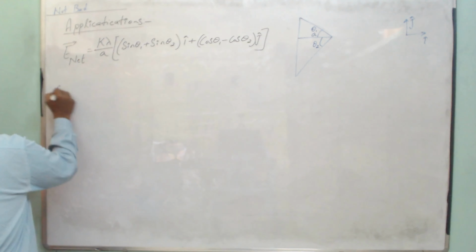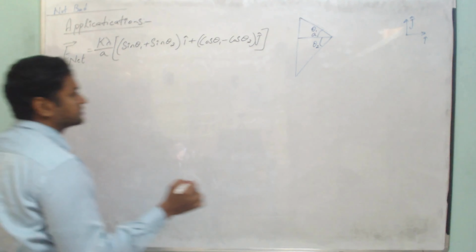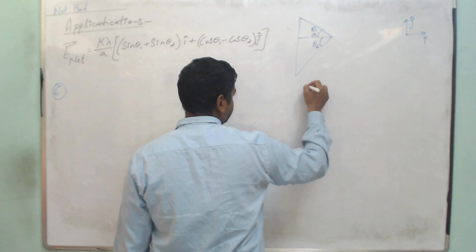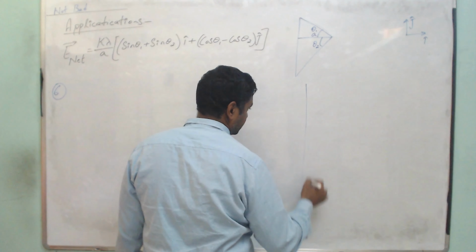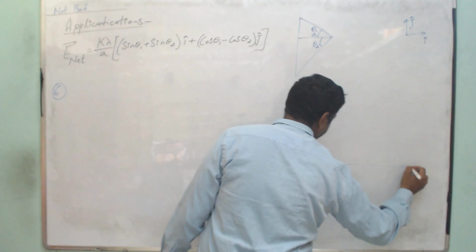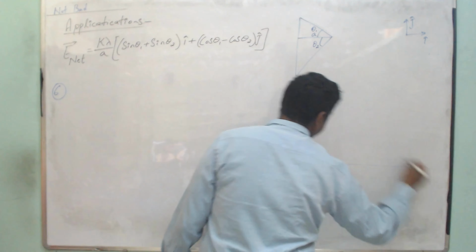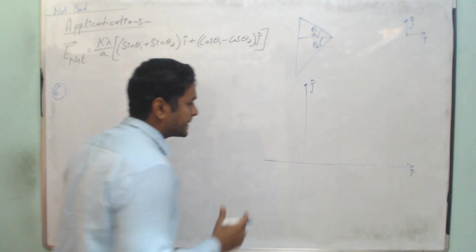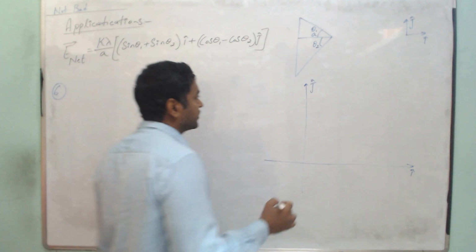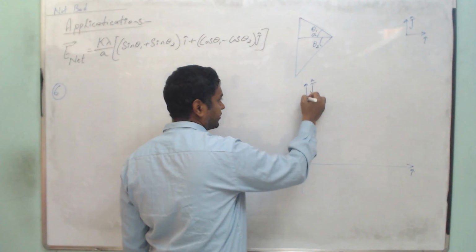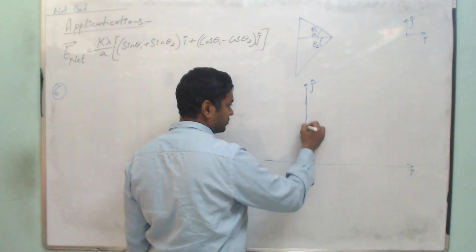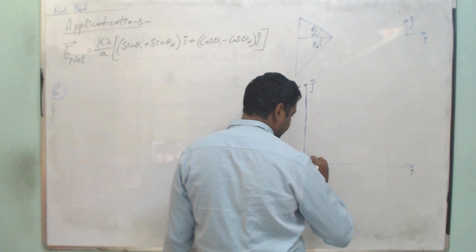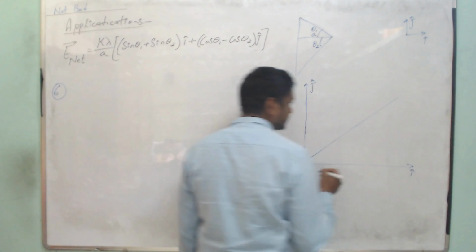So now let us look at this. We have positive x-axis and positive y-axis, with i cap and j cap. Let us say a semi-infinite wire is placed like this.